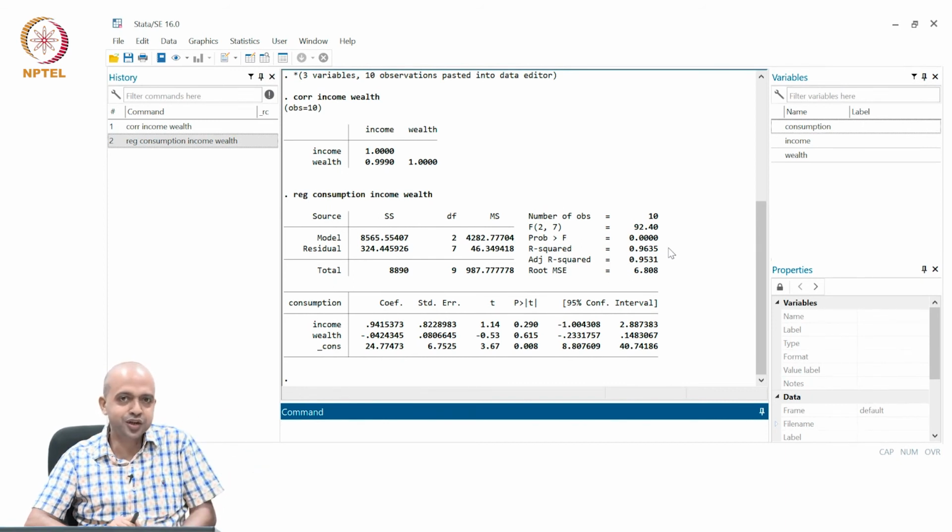Here both the variables are insignificant by their individual t statistic, but the model is significant overall. So, the F statistic should be applied in this context to see whether the model is significant or not.